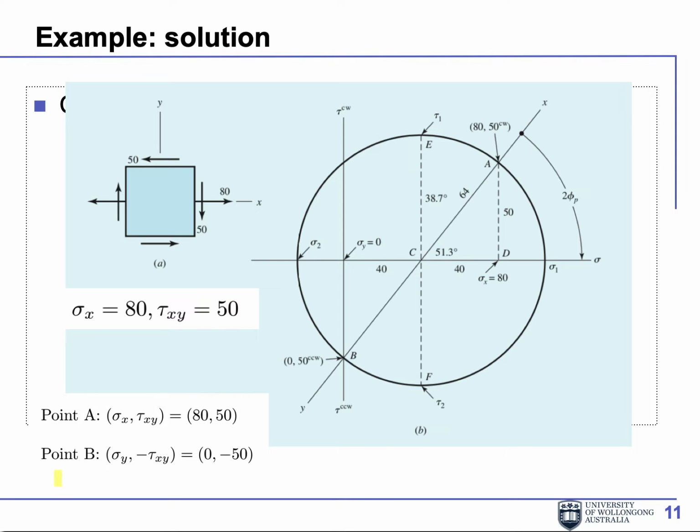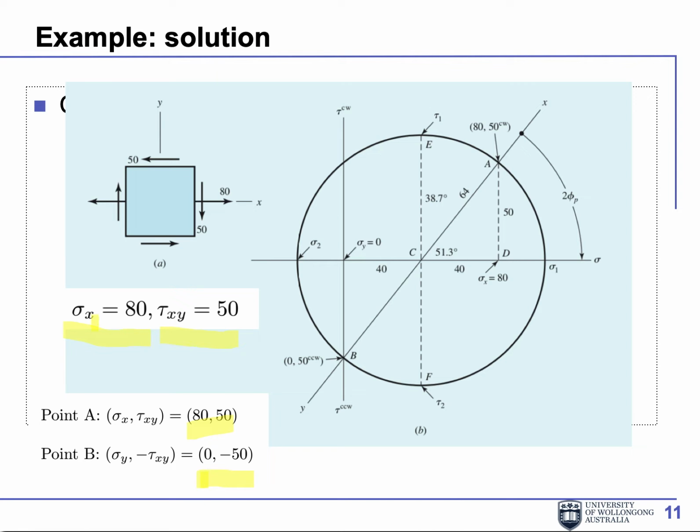For example, if we only know sigma x is 80 and tau xy is 50, the 2 points we have are 80, 50, and 0, negative 50. Or you can have 80, negative 50, and 0, plus 50. These two cases are the same.